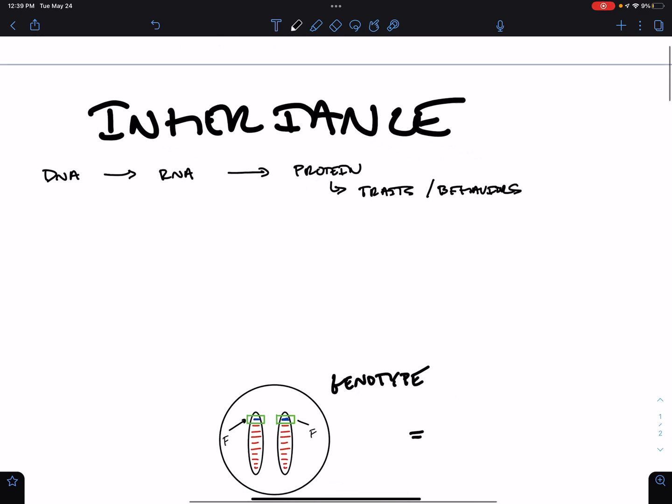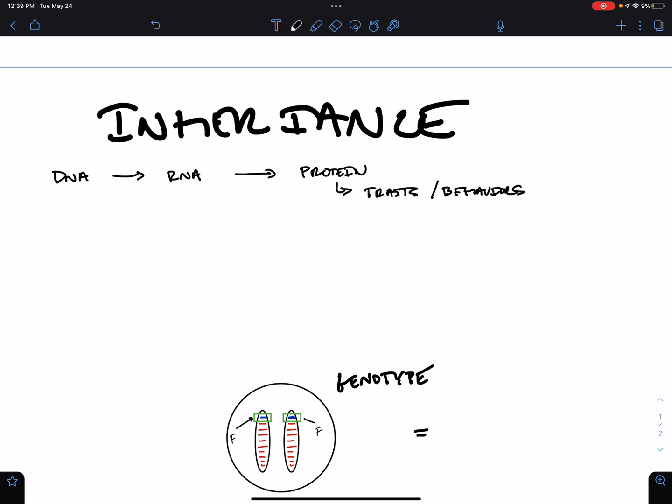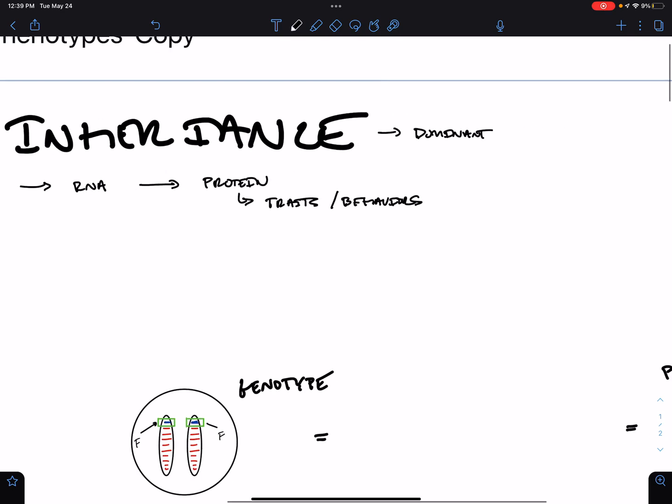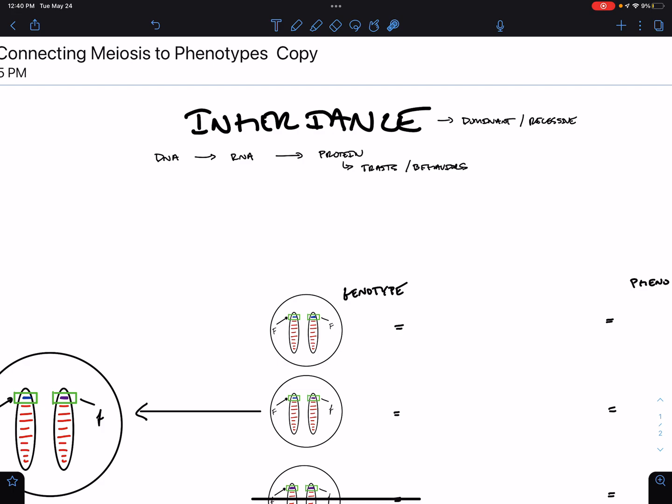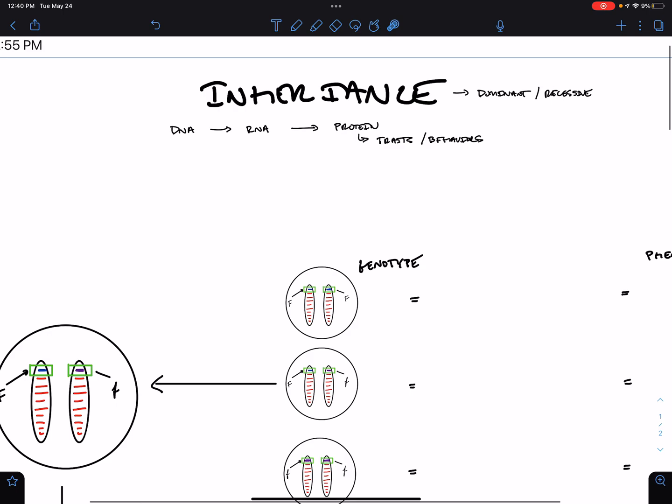Today's screencast is going to explain a mode of inheritance called simple dominant and recessive, which is going to explain why, for example, maybe you have a trait that neither of your parents exhibit. And how is that possible? We're going to explain it today using the model of simple dominant versus recessive inheritance, connecting what's happening in the DNA to the traits and behaviors that we see.